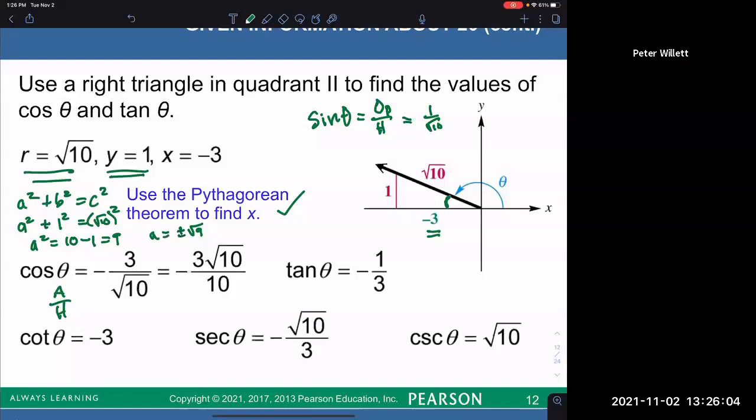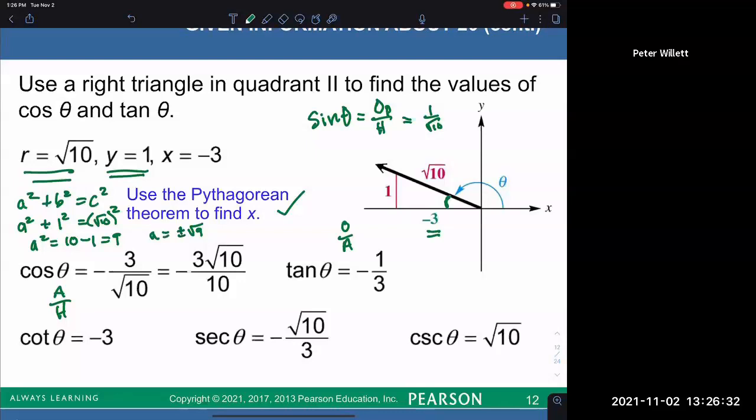Tangent is opposite over adjacent. So that's 1 opposite over adjacent. So that's -1 over -3 or -1/3. And then they do the same thing for cotangent, which is adjacent over opposite. Secant is the reciprocal of cosine. Cosecant is the flip of sine. And then they get all 6 functions that way.